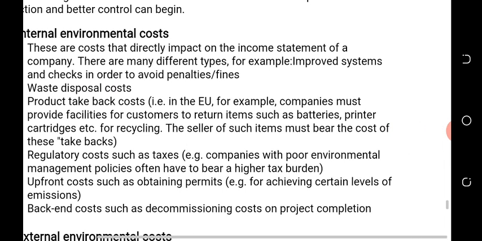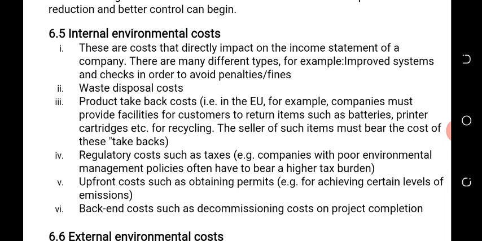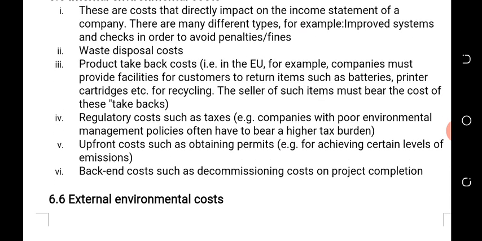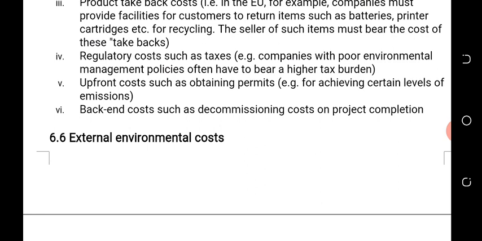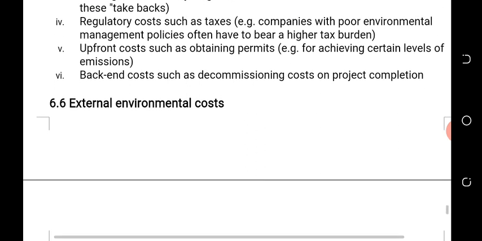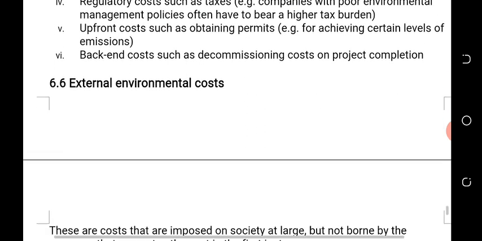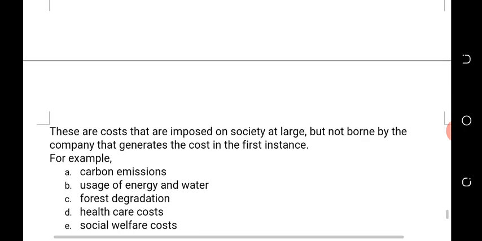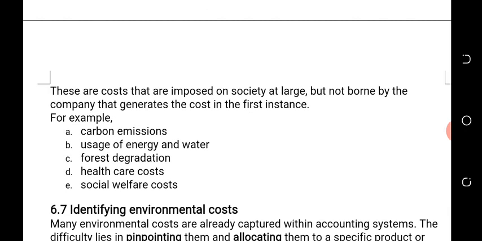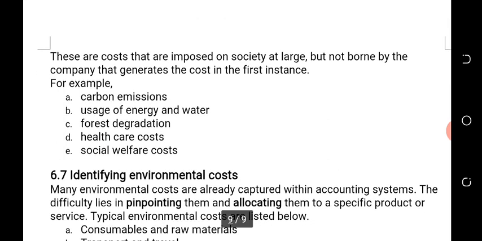For example, improving systems and checks in order to avoid penalty fines, waste disposal costs, product take back costs. So regulatory costs such as taxes, upfront costs such as obtaining permission, and back end costs such as the decommissioning costs of projects. While the external costs are costs that are imposed on society at large but not borne by the company that generates the cost in the first instance.